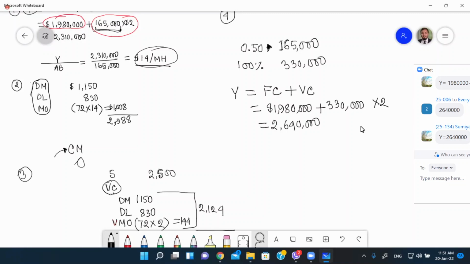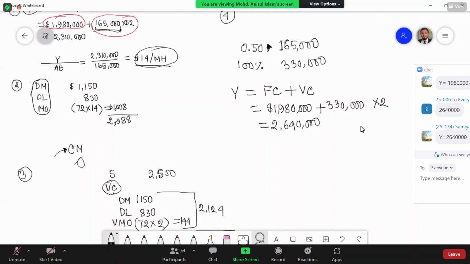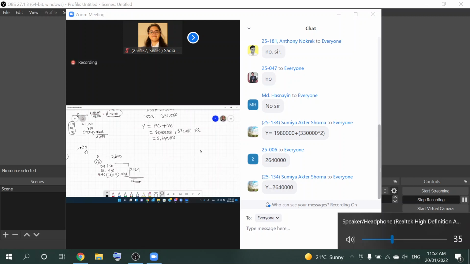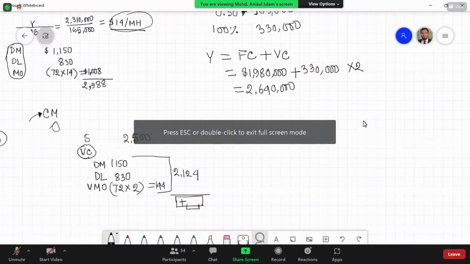You do not need to be very precise to pronounce all of the digits. Try to mention it in terms of thousand, million, billion, and you'll be more comfortable. So this is our estimated total overhead cost.